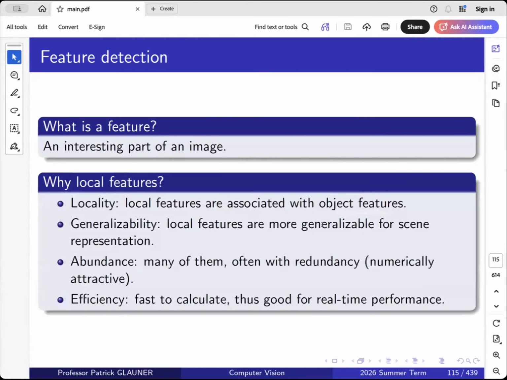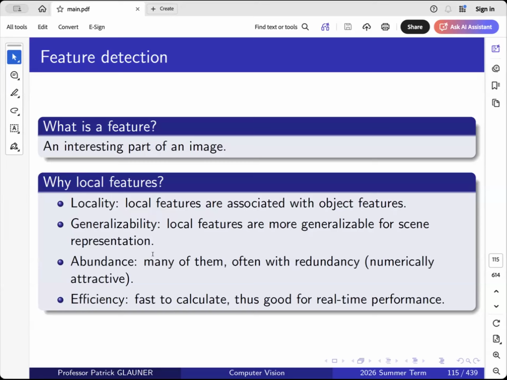And features, usually we speak about local features. As I said, they are associated with certain object features, maybe some part of an object, some corner of an object. And oftentimes, based on the feature detector, there are a lot of features in an image. We can calculate them relatively quickly, and a lot of them.